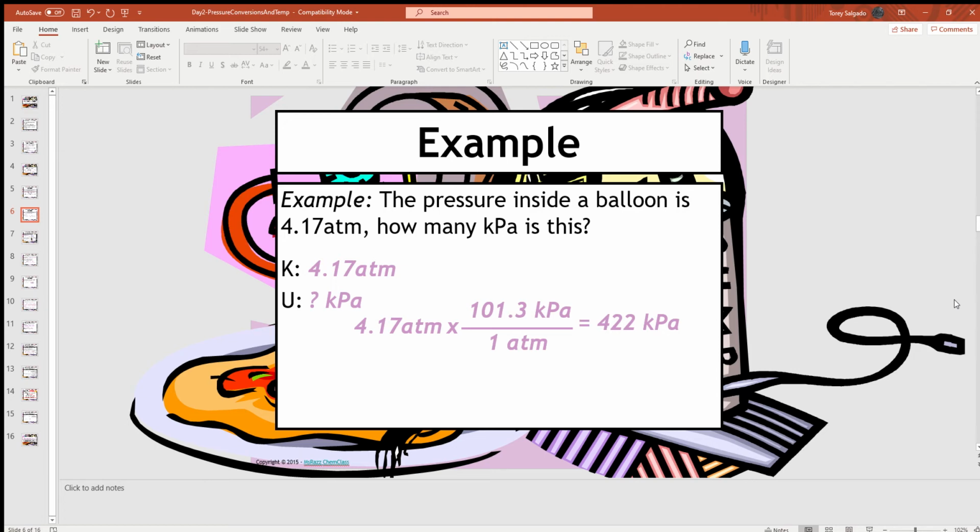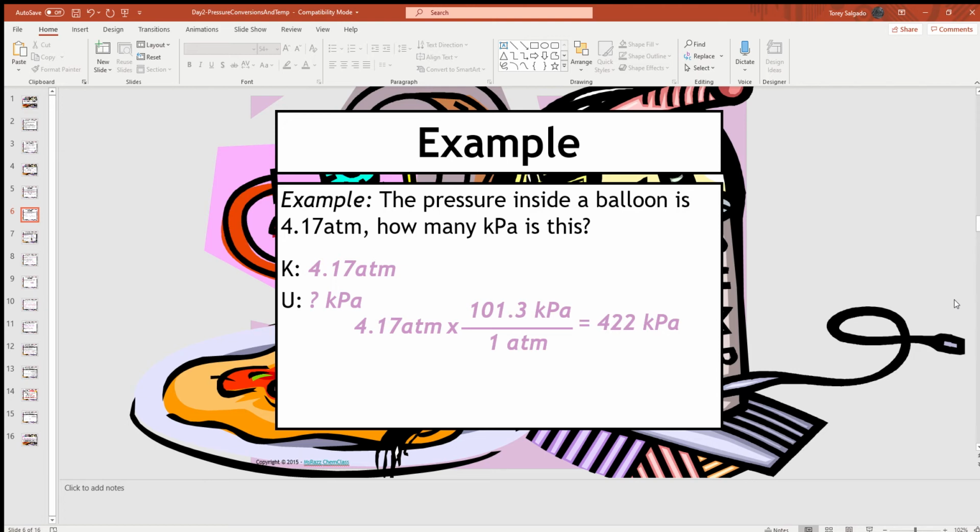That's atmospheres. And in our notes it says we have 1 atmosphere. So once you multiply the top and divide by the bottom, you're going to get an answer. And remember, your known has 3 significant figures, so your answer should also have 3 significant figures, which is why I rounded to 422 kilopascals.